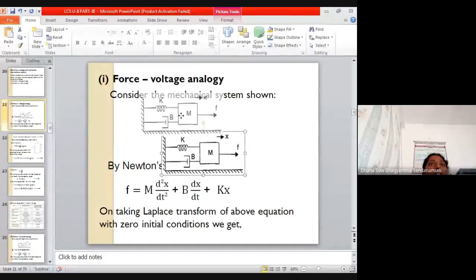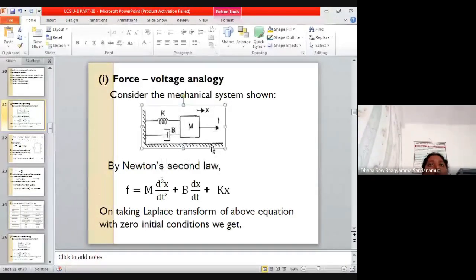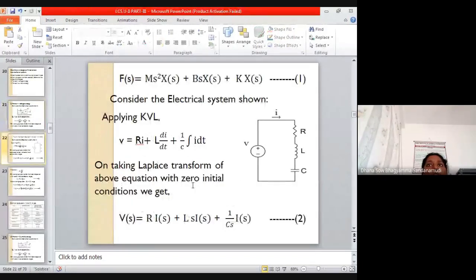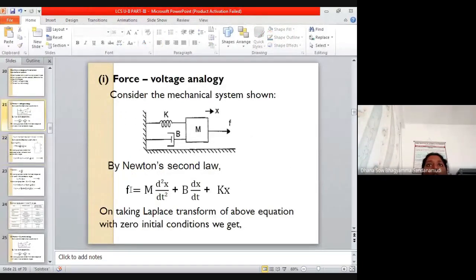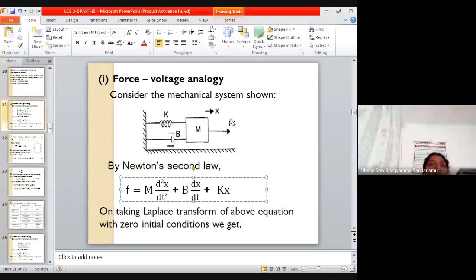Here the applied force is F. I can write f of t here, it doesn't matter, it's the same. Nothing will change. I have already taken an initial step, so leave it.